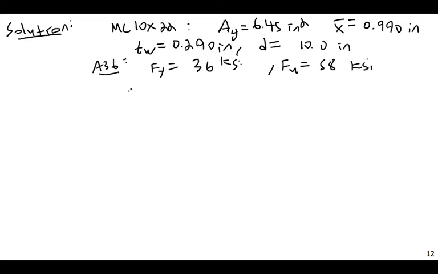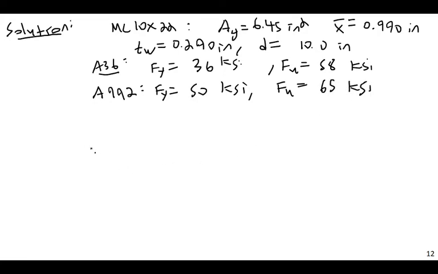So that's for my A36, and then for A992, which the MC 10 by 22 is made of, the yield strength is going to be 50 ksi, and the ultimate strength is 65 ksi. Okay, so let's go down and look at all of the different ways this thing can fail.